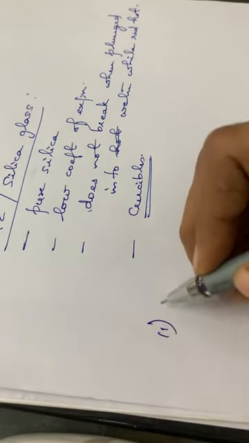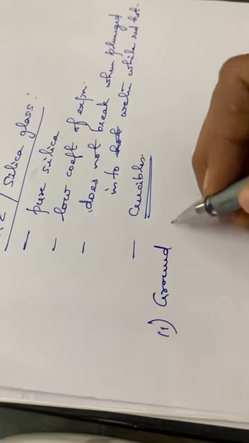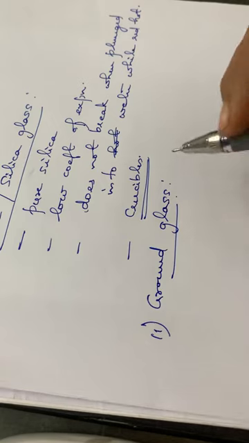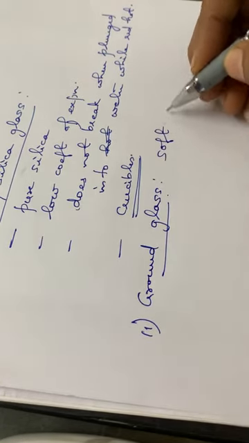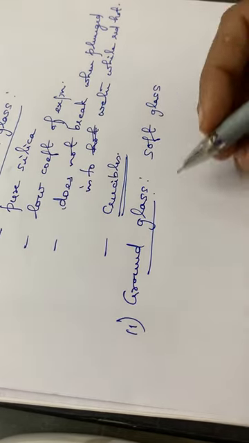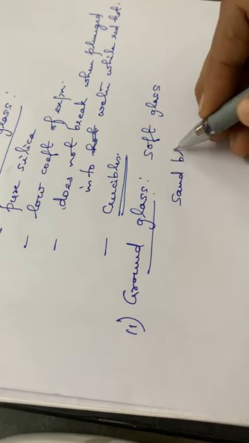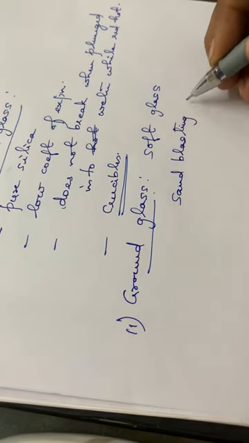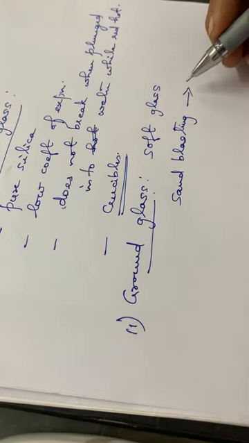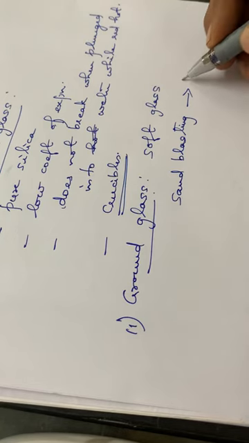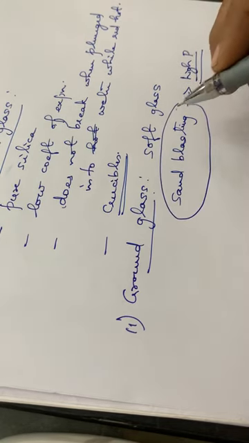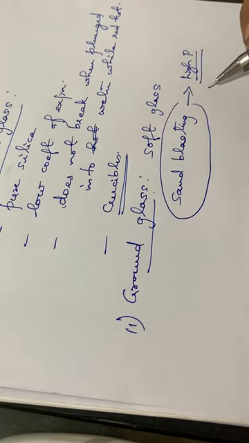Then the next one, the 11th one, that is ground glass. Ground glass means a rough surface glass.